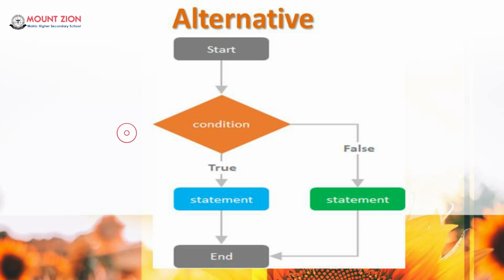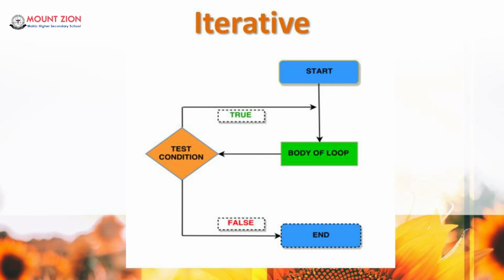The third control flow is iterative control flow. A condition of the state is tested, and if the condition is true, a statement is executed. The two steps of testing the condition and executing the statement are repeated until the condition becomes false.